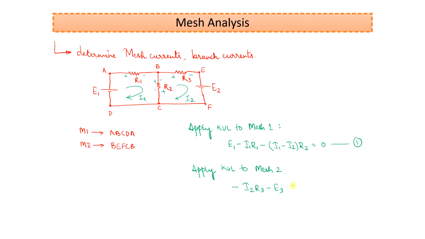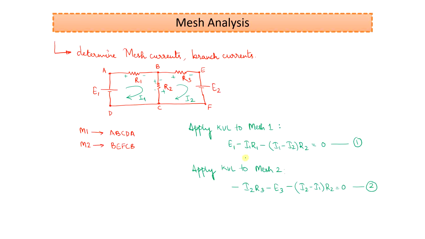So this will be minus of, now again this resistance R2 is being shared between the two meshes and the dominant current here is the current I2. So when I write the equation, this will be I2 minus I1 into R2 is equal to 0. So this is your equation 2.